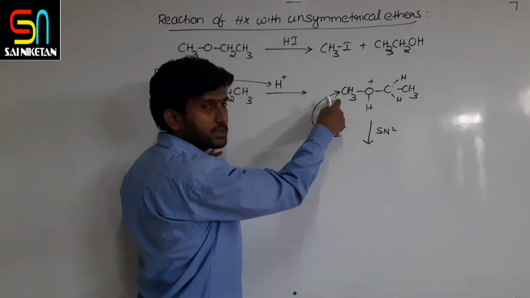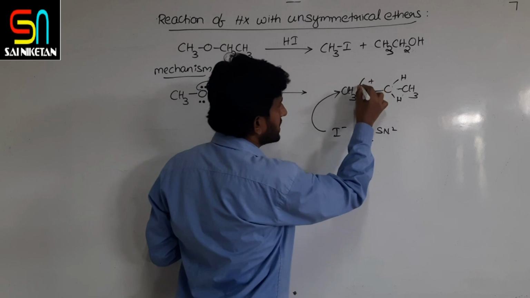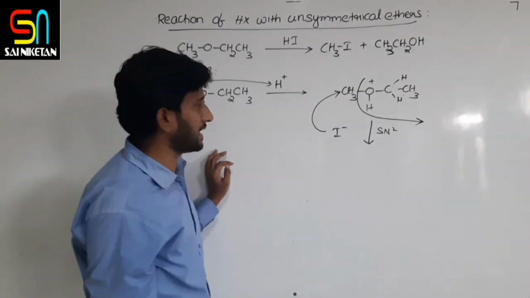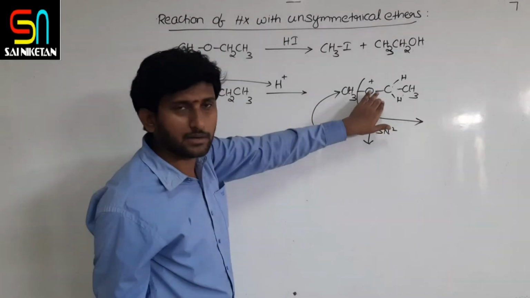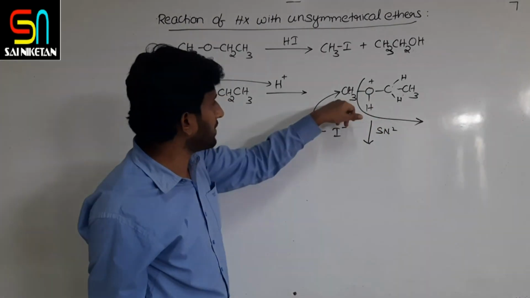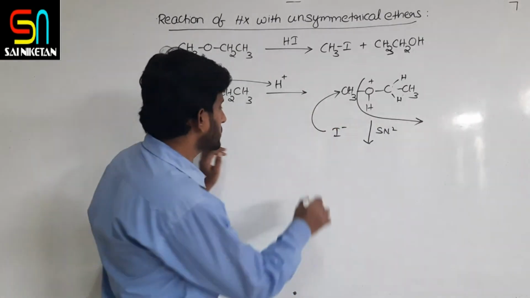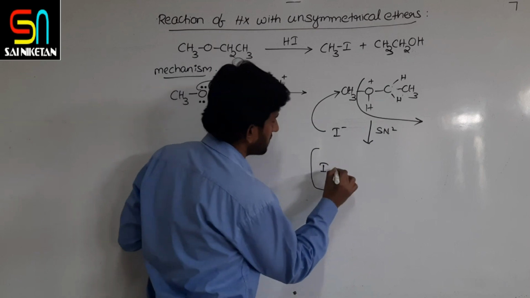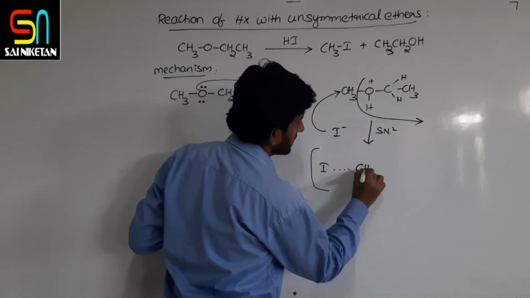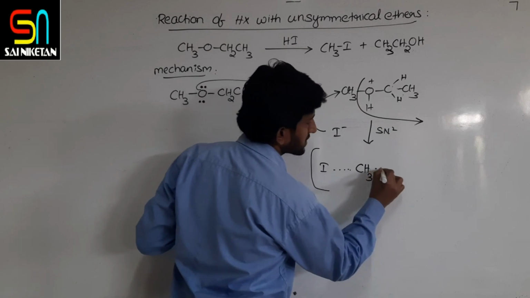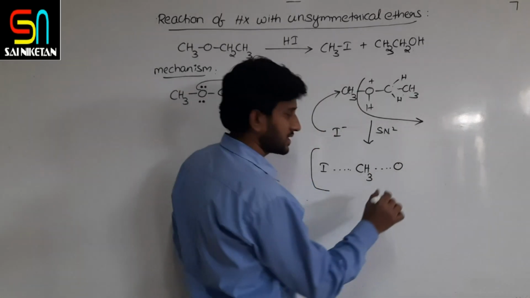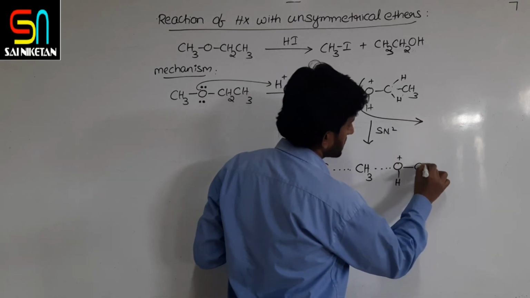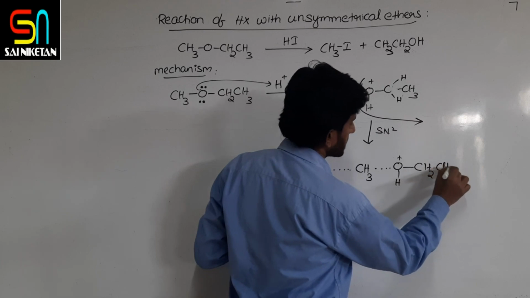So iodide will attack on this methyl group and this is removed. SN2 mechanism: this oxonium ion behaves as leaving group and I minus behaves as incoming group. So I will write like this: I minus is the incoming group, so I am writing a new bond with I minus. This is CH3, and this bond is breaking with oxygen. So I will write CH2CH3.